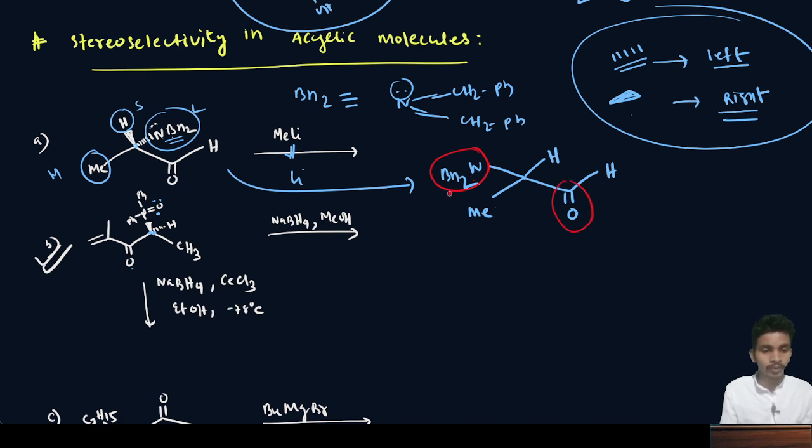For that I will rotate this one. After these rotations we get the carbonyl group, this is H, and here we get NBn2, the methyl will be here, and the hydrogen will be here. So after rotation you get this.